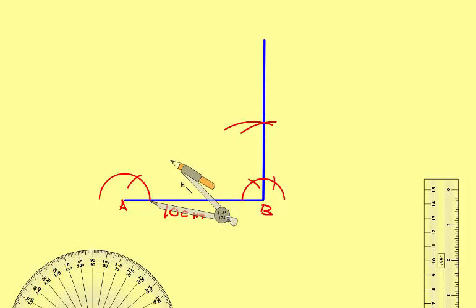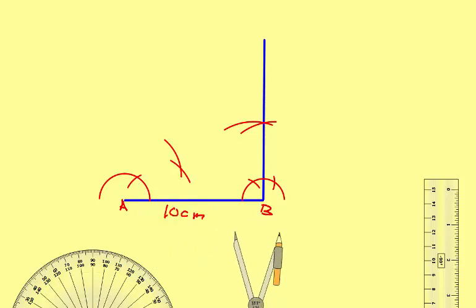So look at the point on which I'm going to stand to bisect. Good. With the same radius. Yes. We now have our 30.